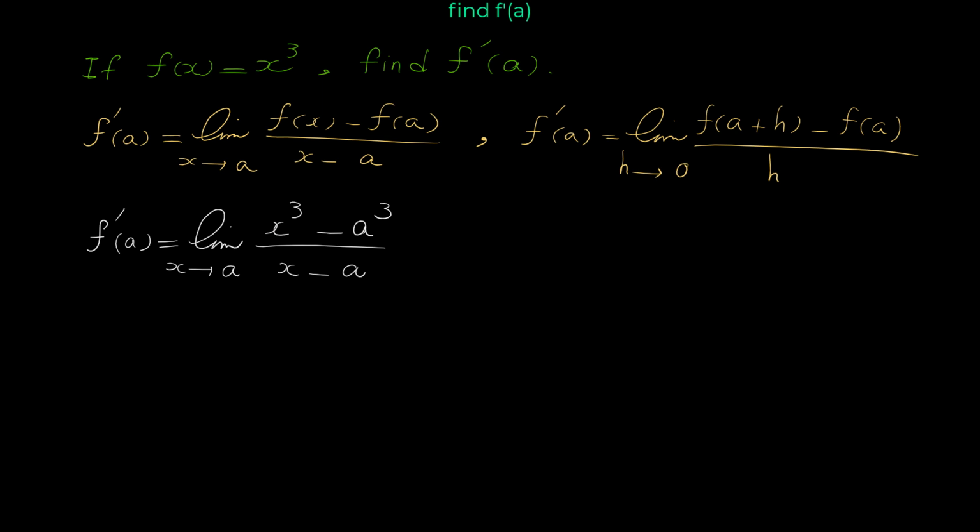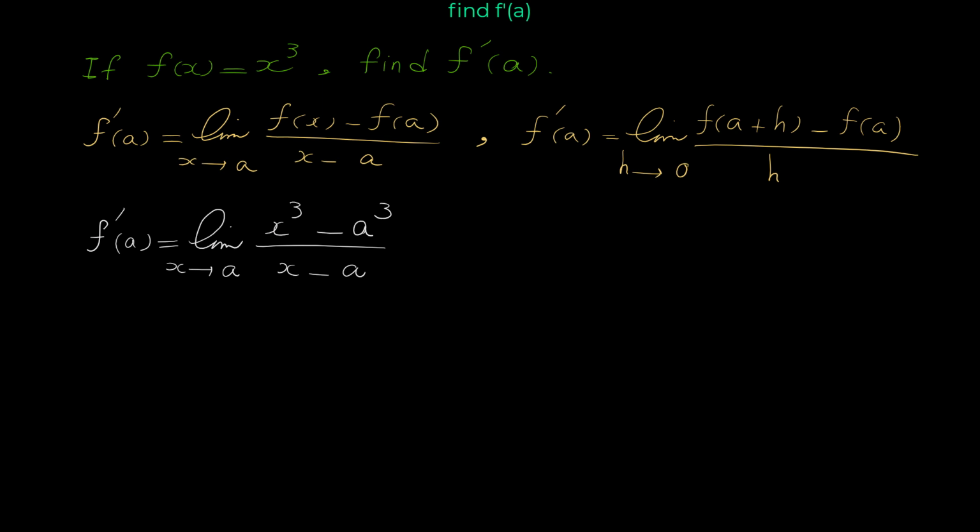For finding this limit, probably you know that you have to factor out the numerator. To factor out the numerator of this limit, if we know the difference of cubes identity, we can factor the numerator. Otherwise, factoring the numerator is a bit challenging.